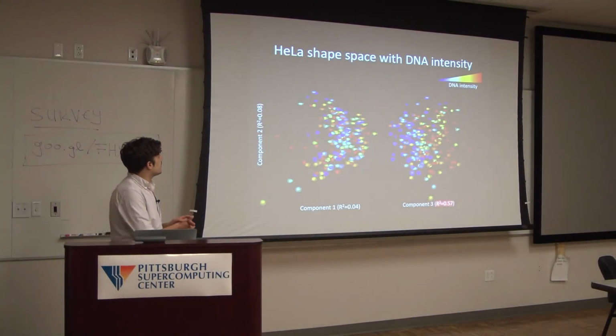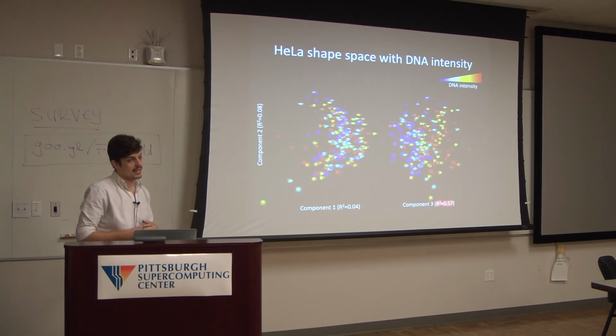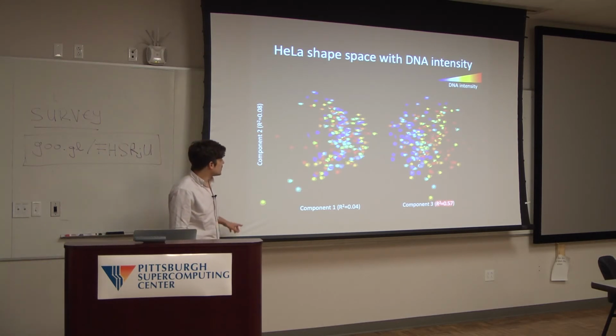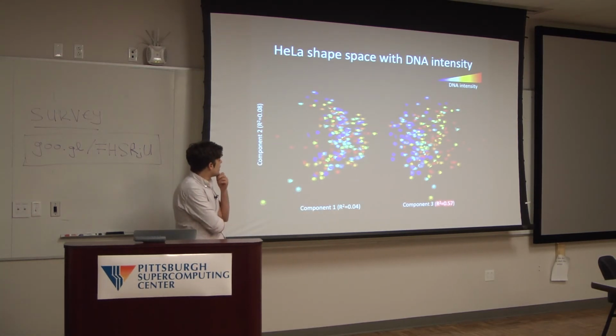So here is a HeLa shape space with the cells colored by DNA intensity. And we can see that the first component, using linear regression, has a pretty poor fit for describing how the morphology changes with respect to cell intensity.